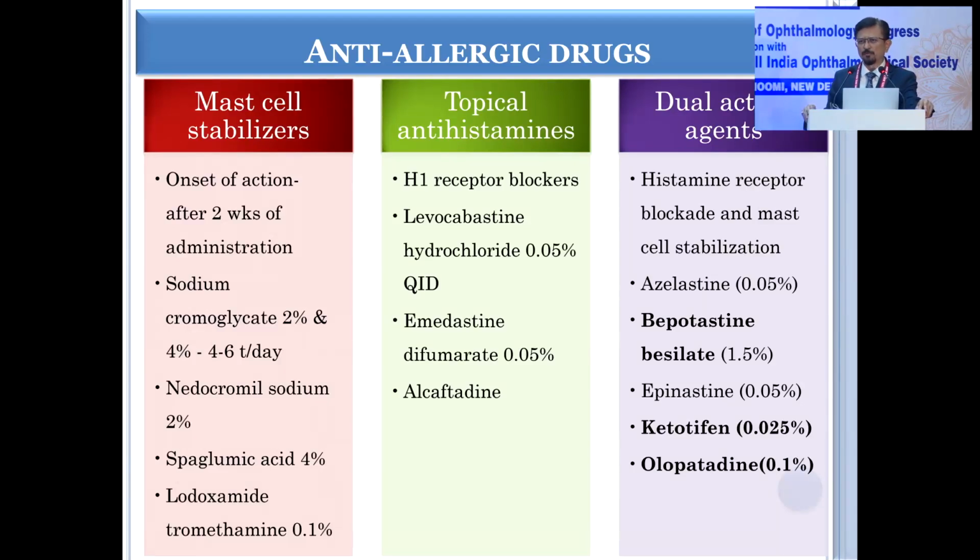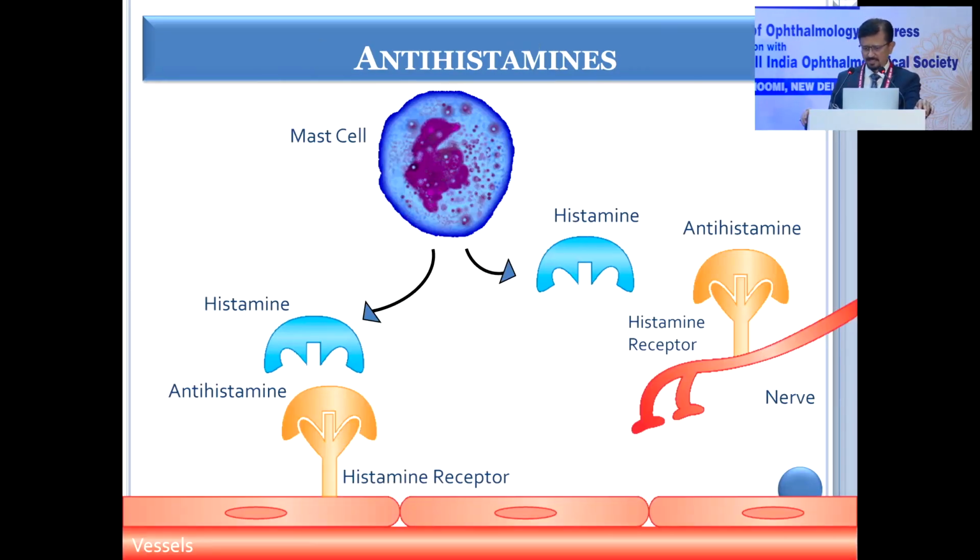We have been using mast cell stabilizers, the cromolyn glycate etc., for many years, for decades. Then topical antihistaminics, we have been using for a very long period. Even now we have some recent antihistaminics like alcaftadine, and of course the dual acting agents have come up, which not only act as antihistaminics but also act as mast cell stabilizers. Antihistaminics basically block the released histamine.